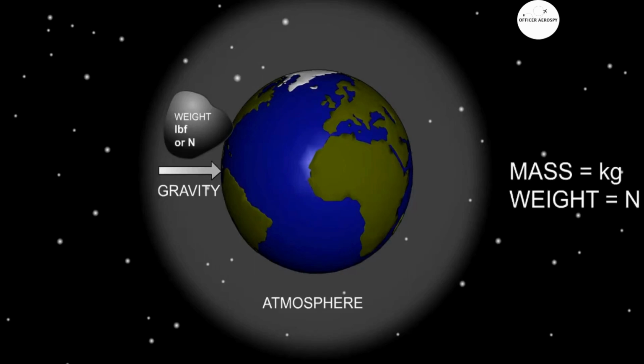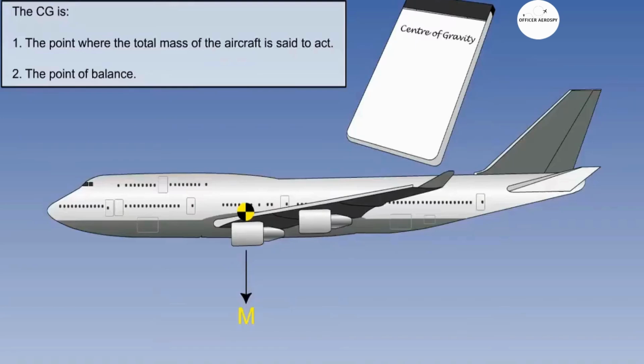are used. So let's understand how the basic force of gravity affects the total mass of the airplane in a vertically downward manner, both when it is in the air as well as on the ground. And this mass acting is normally called the center of gravity. So in the aeroplane flight manual, when we are dealing with the center of gravity, we use it.